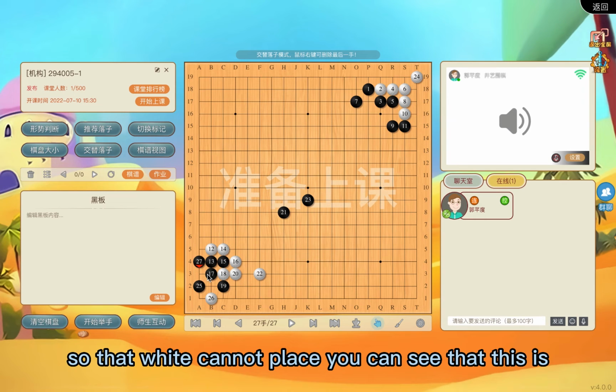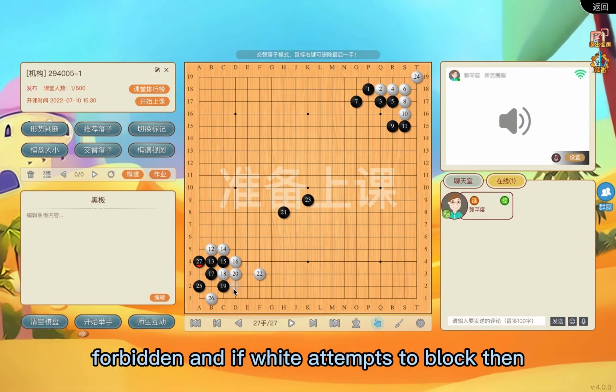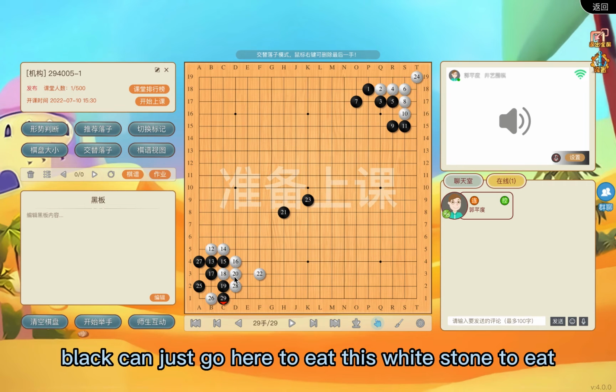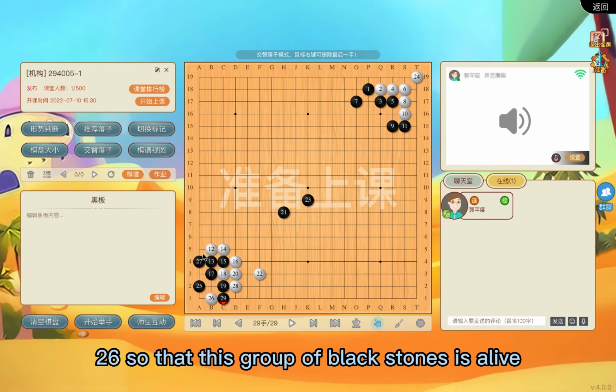You can see that this is forbidden, and if white attempts to block, then black can just go here to eat this white stone, to eat 26, so that this group of black stones is alive.